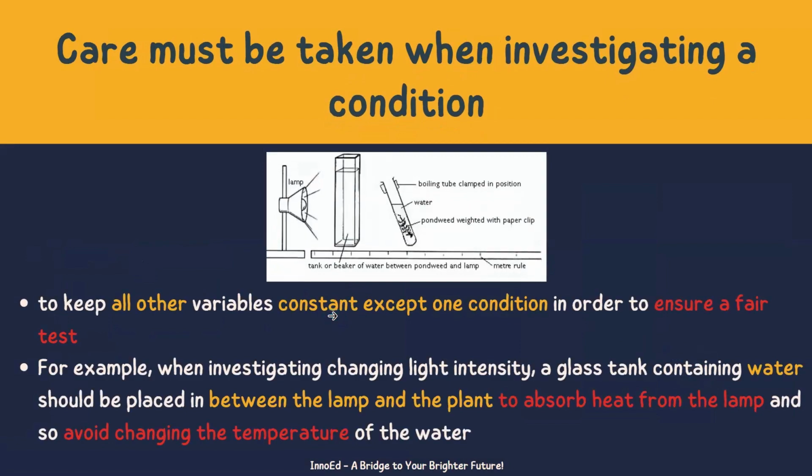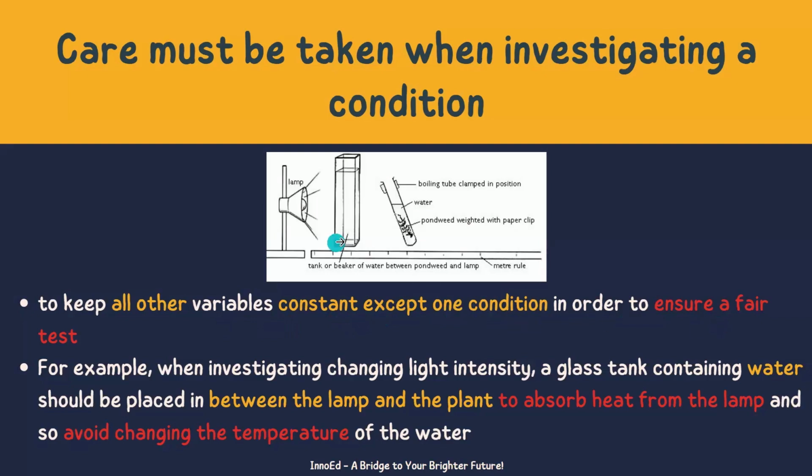So here is an important note. Whenever you are writing or analyzing the investigation design, you have to keep in mind that all the variables must be constant, except one condition, in order to make sure that those tests are fair.